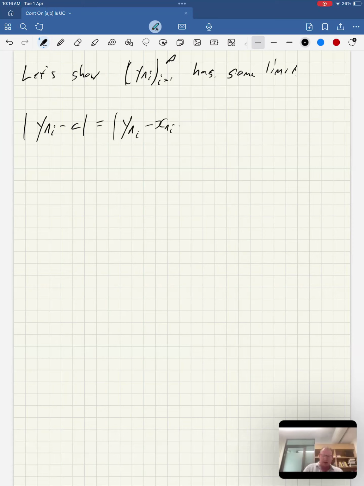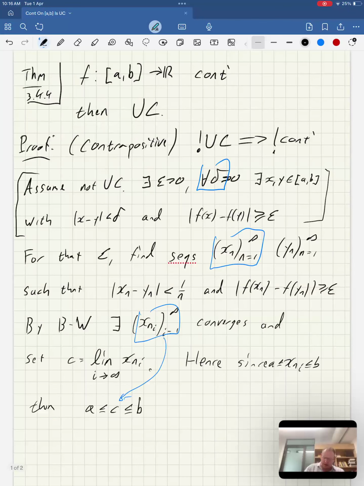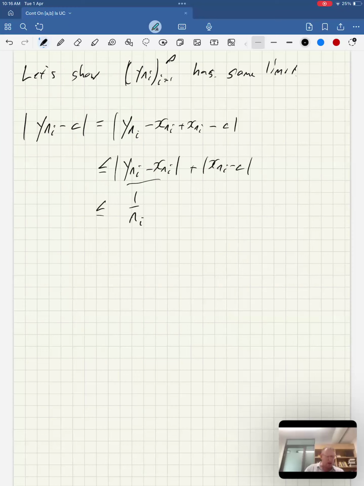So y_{n_i} - x_{n_i} + x_{n_i} - c. By the triangle inequality this is at most |y_{n_i} - x_{n_i}| + |x_{n_i} - c|. By the way y_{n_i} and x_{n_i} are constructed, |y_{n_i} - x_{n_i}| is less than 1/n_i, because |x_n - y_n| is less than 1/n. And that is plus |x_{n_i} - c|.